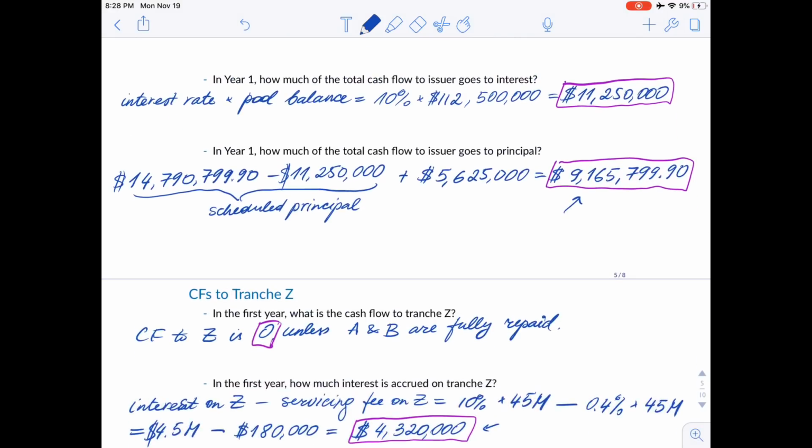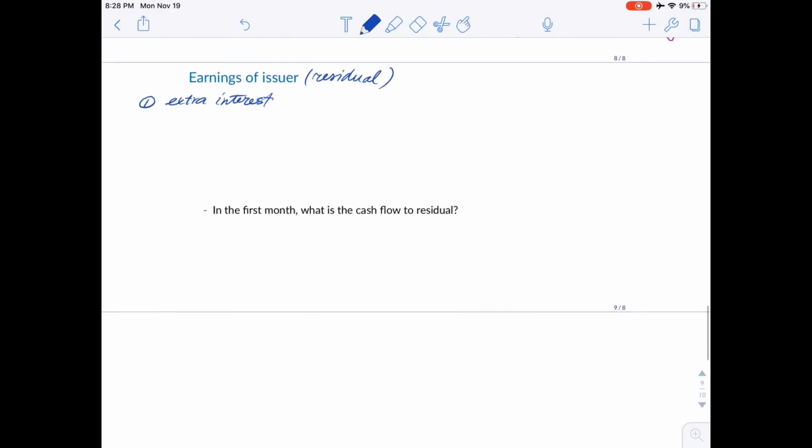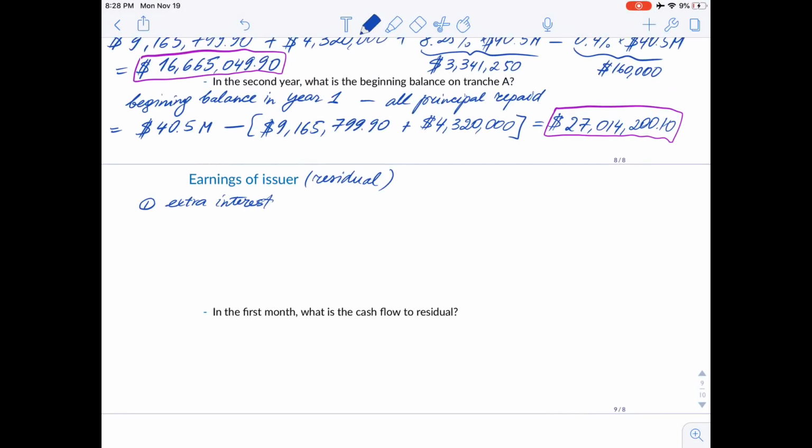But we're in year 1, so that's not the source of the income for the residual quite yet. So extra interest and then extra principal once A, B, and Z are fully repaid.